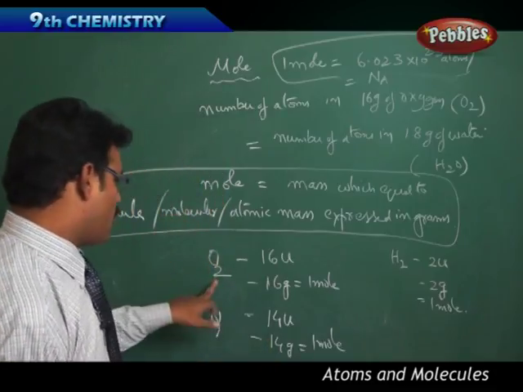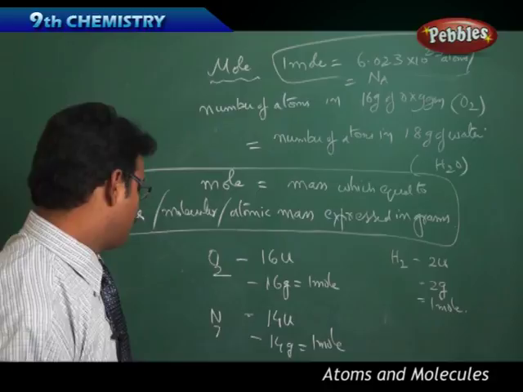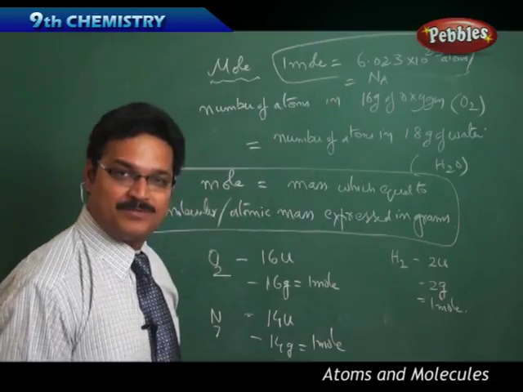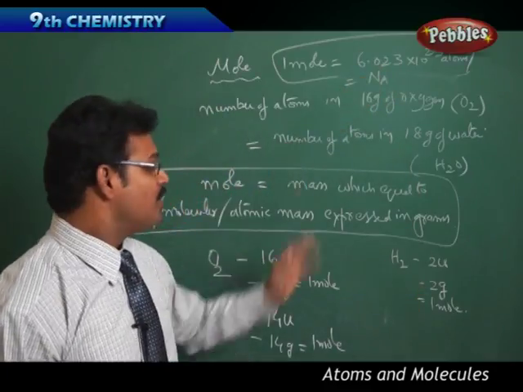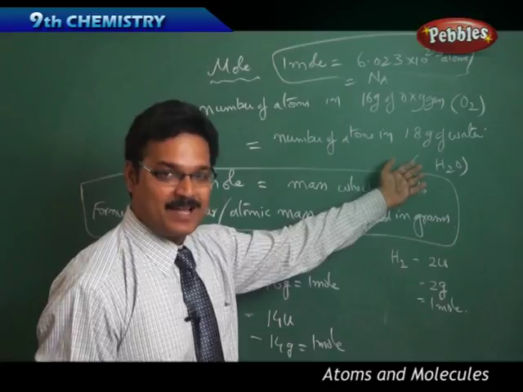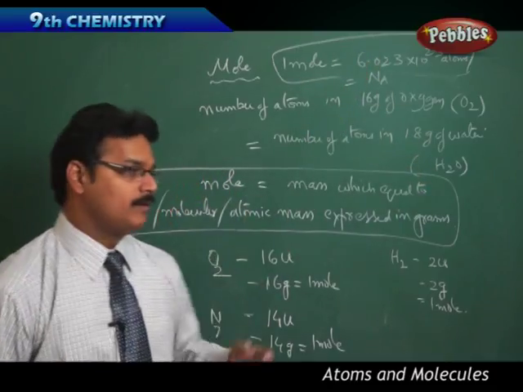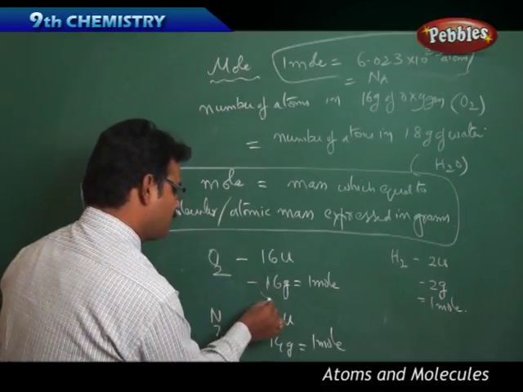That means oxygen, which is 16 grams, consists of the same number of atoms. Nitrogen, 14 grams, also consists of the same number of atoms. Hydrogen, 2 grams, also. Water, 18 grams, also. So here we are expressing the atomic mass unit in terms of grams.